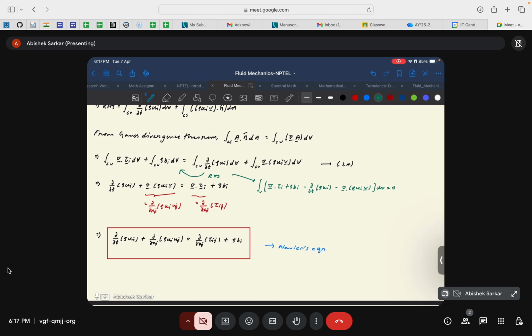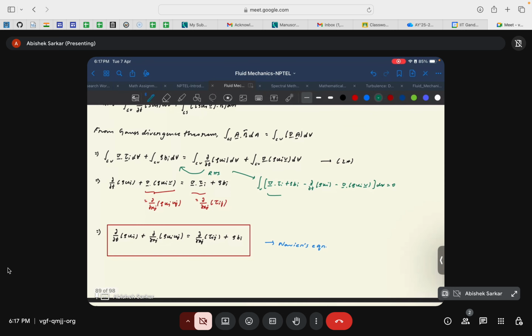Now for this integration to be equal to 0 for any arbitrary shaped control volume, you must have the integrand equal to 0. So this has to be equal to 0, and if this is equal to 0, take these negative sign terms to the right hand side, and you will end up with this form, which is the differential form of the momentum conservation.